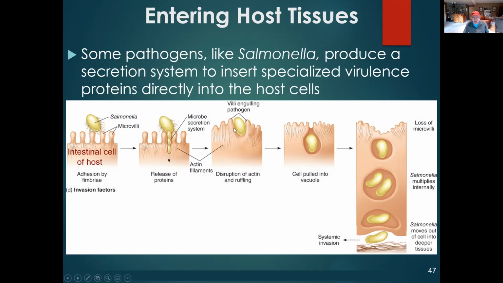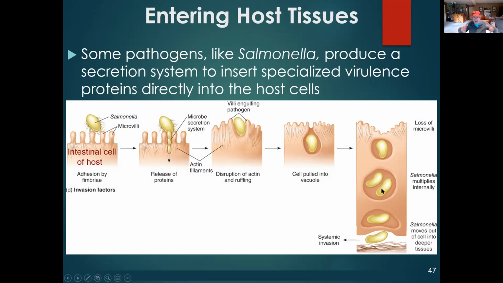And then the cell wraps around the invading pathogen. When we talk about villi, these, you remember, are on the outer surface of the small intestinal lining. The microbe is pulled into the host cell, and becomes part of a vacuole that the cell produces. It's like a little carrier structure where it can undergo binary fission, as we see here.